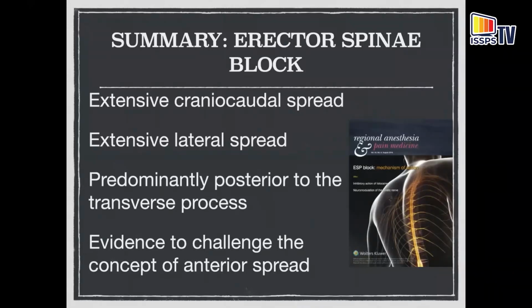There's sufficient evidence to challenge the concept that somehow the local anesthetic, which is injected posterior to the transverse process, diffuses anteriorly somehow into the paravertebral space. I think if you want to do a paravertebral block, if you want your local anesthetic to involve the paravertebral space, I think you should do a paravertebral block.